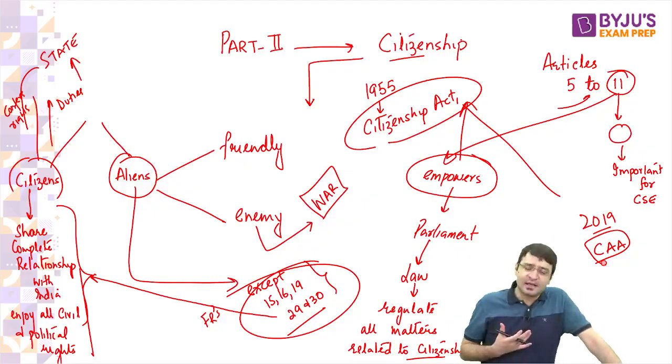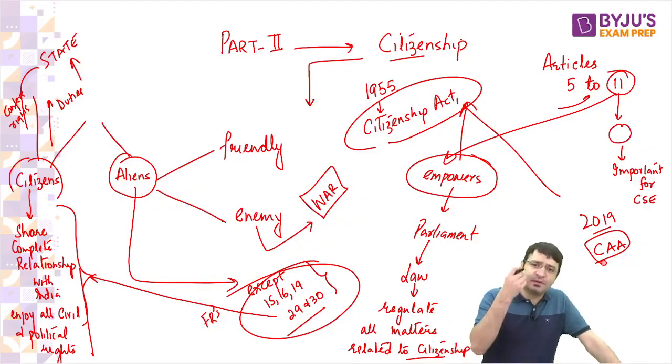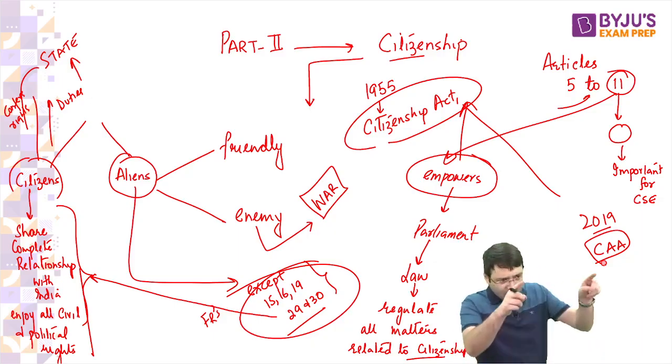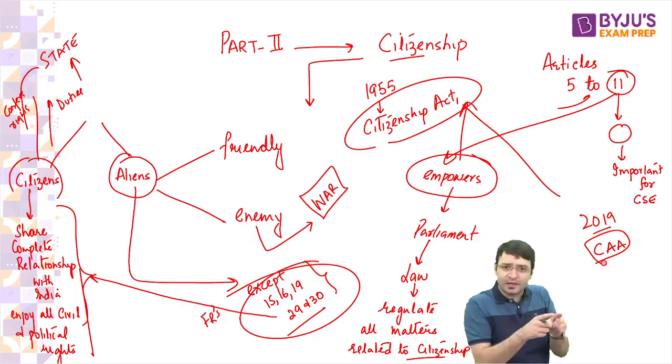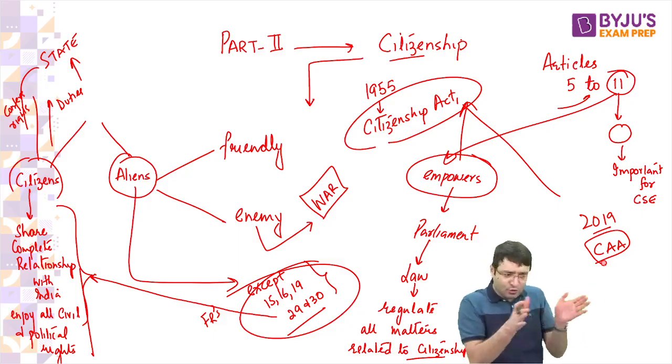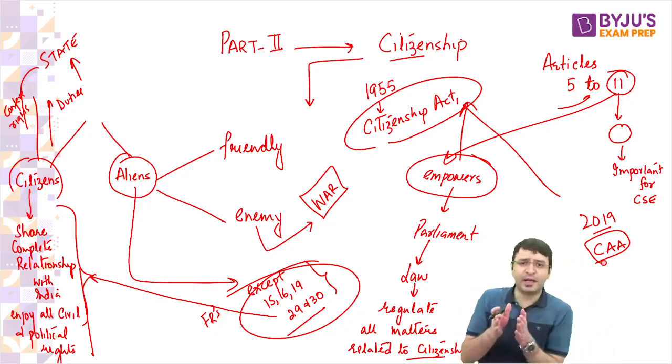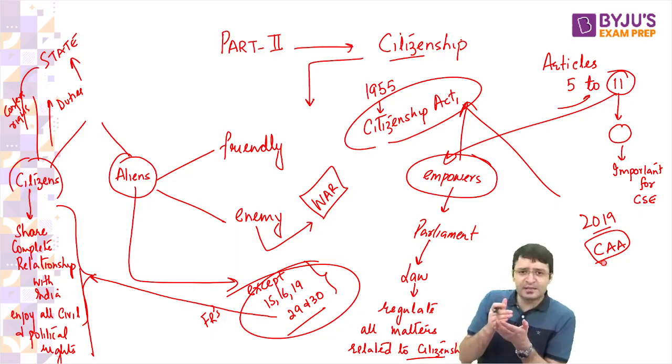And as a citizen, I have all these civil and political rights in India. But when we look at all the people who are residing within India, we can break it down into two broad categories. Either you are citizens or you are aliens. Who are these aliens? It's basically a term, alienus, which means stranger. Aliens are strangers, that means they're not citizens.